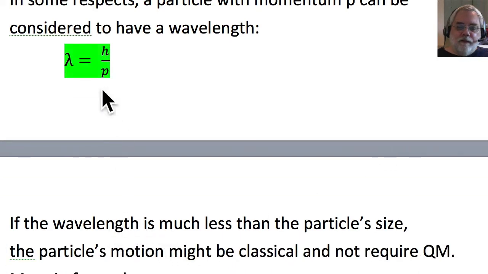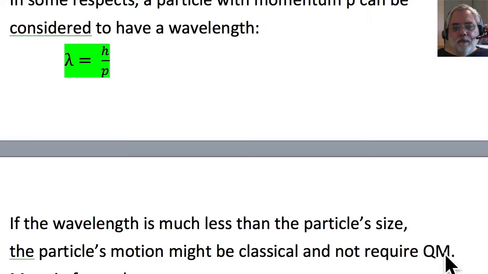If the wavelength from this de Broglie formula is much less than the particle's size, the particle's motion might be classical, probably is classical, and not require quantum mechanics. But if the wavelength from this formula is comparable to the particle size or larger than the particle size, we almost certainly need to use quantum mechanics.